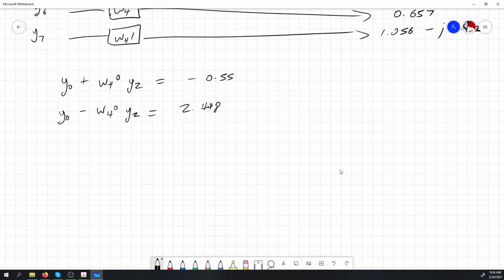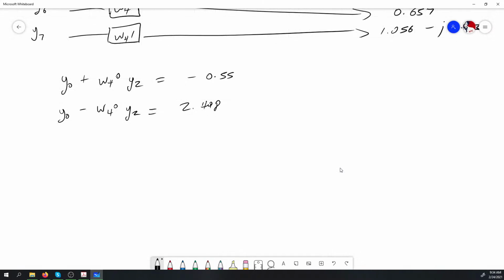And then we can just repeat the same instance as before, where we just subtract the both of them.